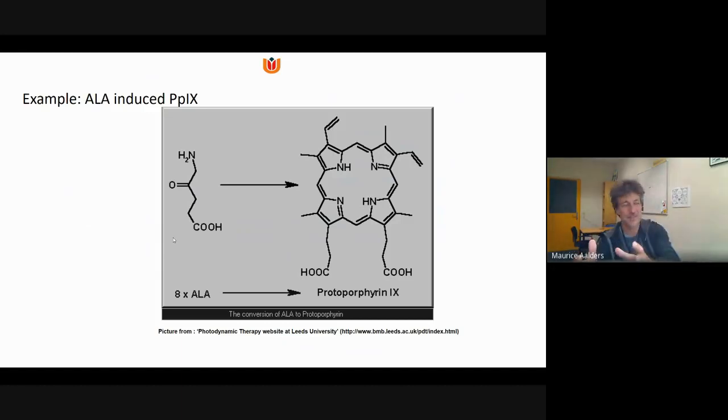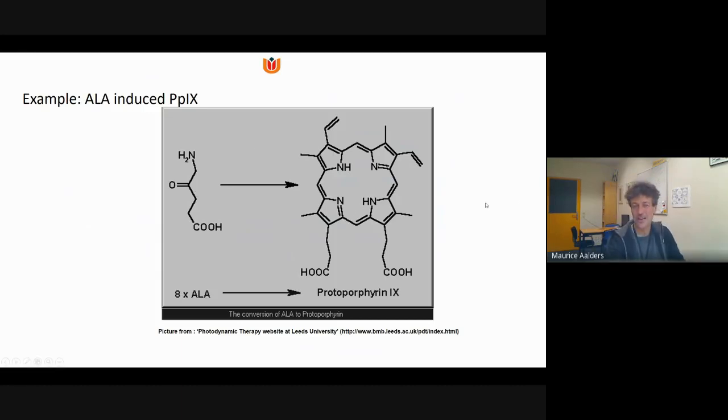And that is converted into heme again. So we give an excess of this ALA, which is also there naturally in the body. That creates a lot of protoporphyrin. Usually there's a feedback cycle to reduce the amount of ALA, but we just give a huge amount of ALA. And then there's an accumulation of protoporphyrin, because this conversion step to heme is slow.